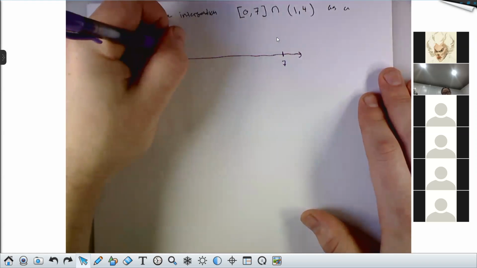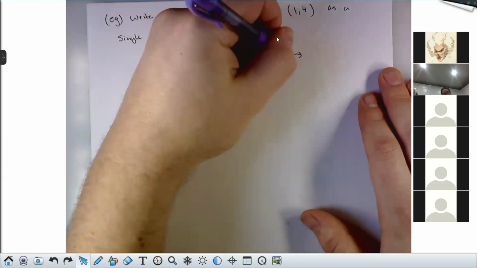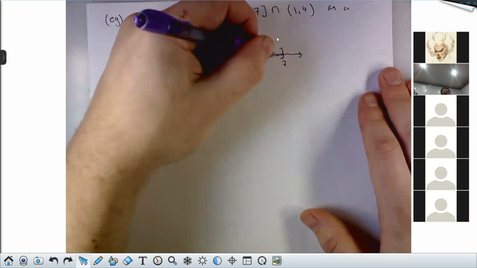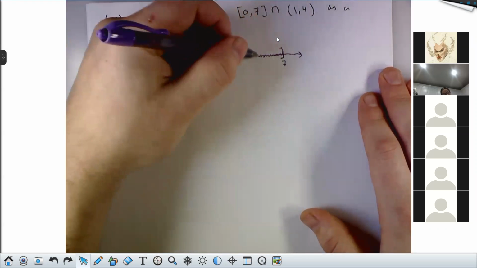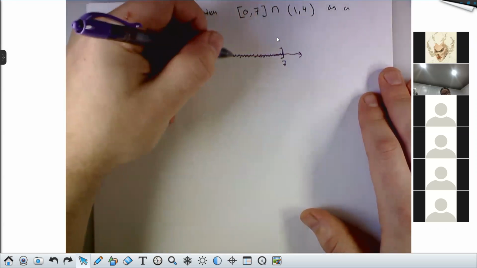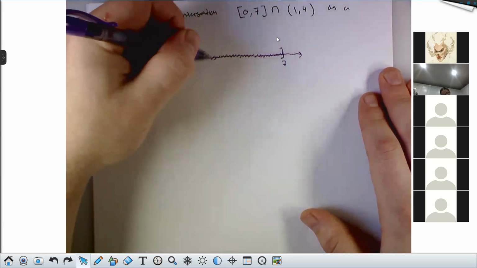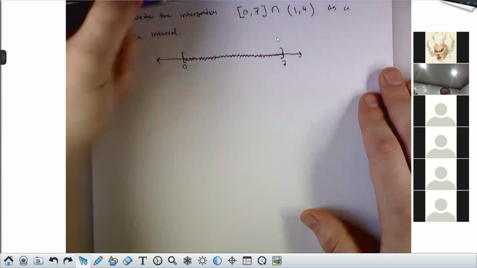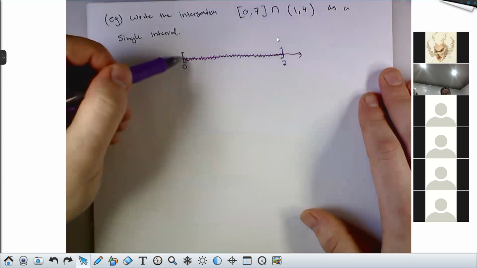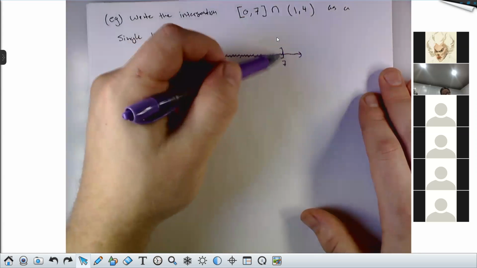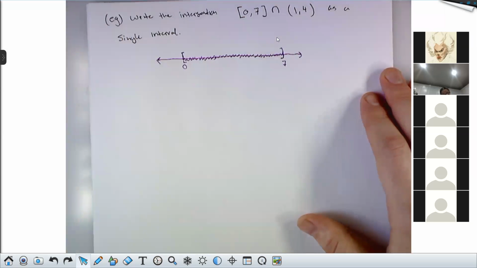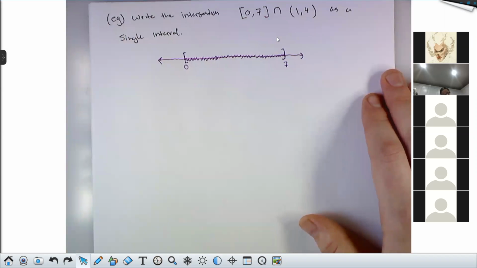And if I want to sketch that first interval, that would look like this. If you like the other notation, you would put a filled in dot here and a filled in dot here. So that's the closed interval from 0 to 7. That includes 0, 1, 2, 3, 4, 5, 6, and 7, as well as all the decimals in between.